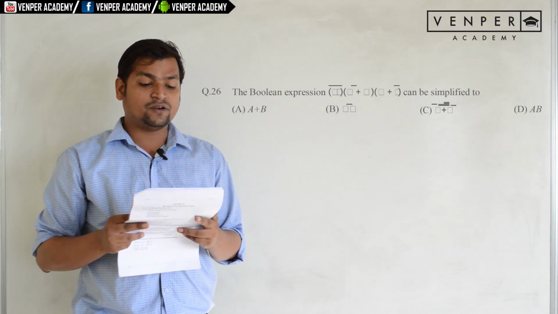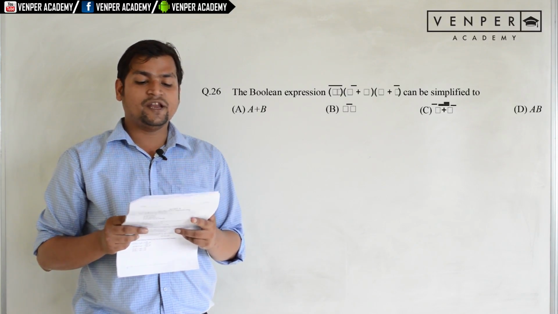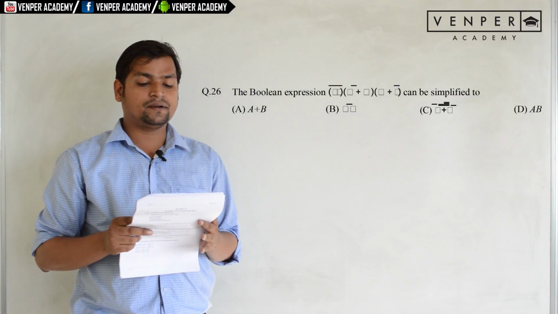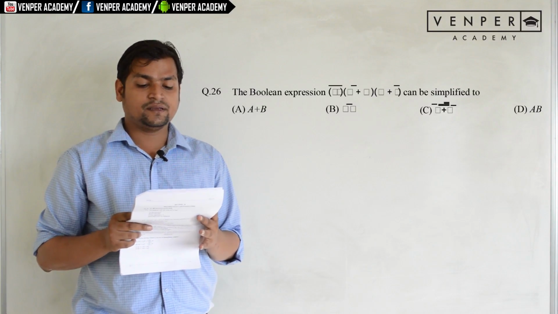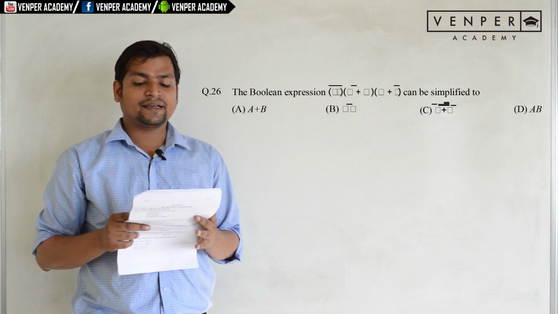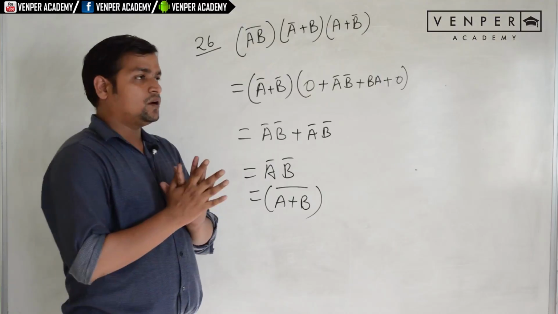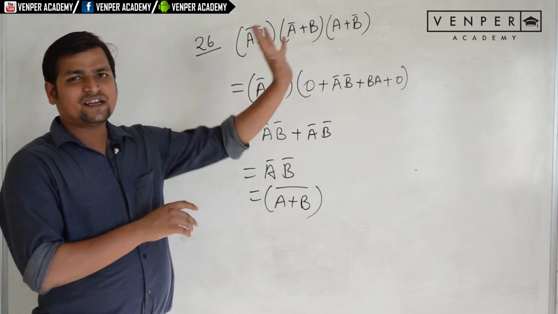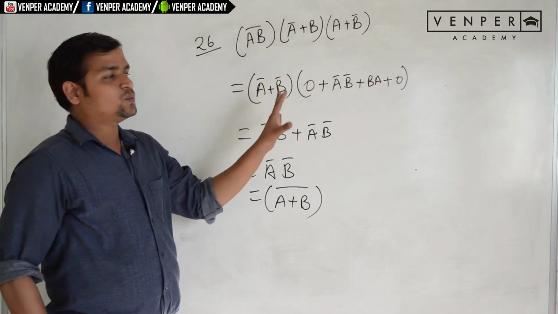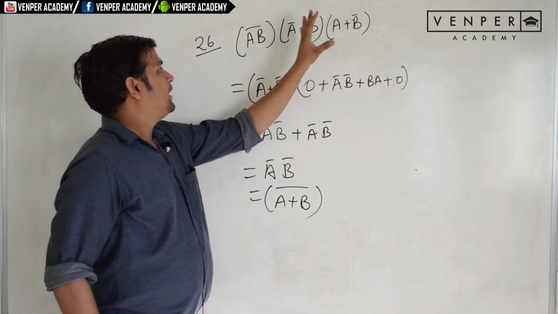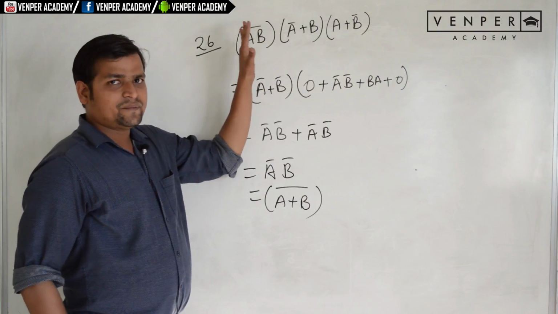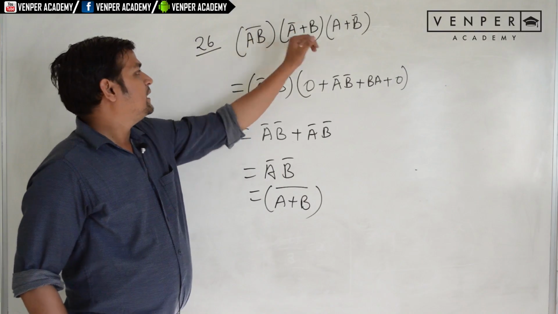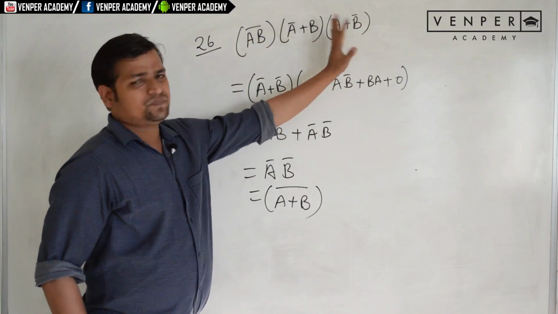Question number 26. The Boolean expression AB bar, A bar plus B, A plus B bar can be simplified to. Okay, a Boolean expression is given and you have to simplify it. AB bar can be written as A bar plus B bar. Next, just solve these two.